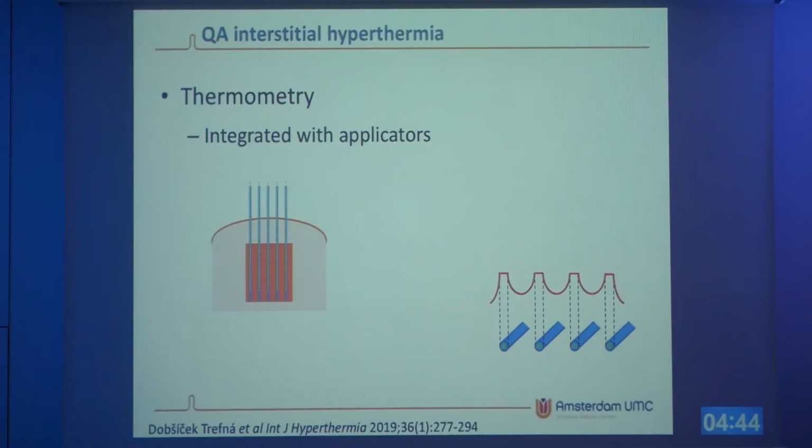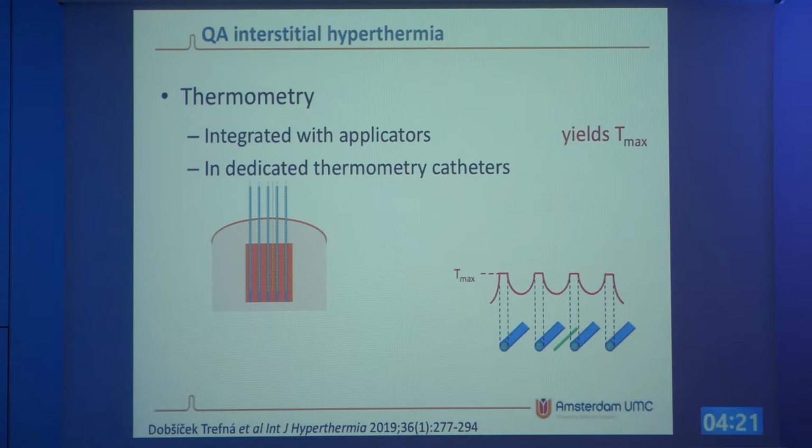So you could have thermometry integrated with the applicators, and that would mean that you measure at that location the maximum temperatures, but you could also measure in dedicated thermometry catheters in between your antennas. And that means you measure at that location the minimum temperature, as shown here.